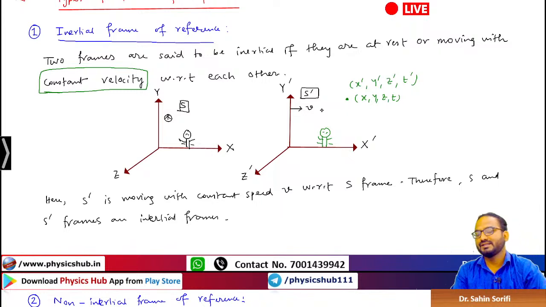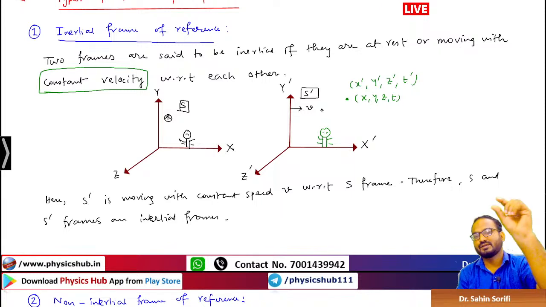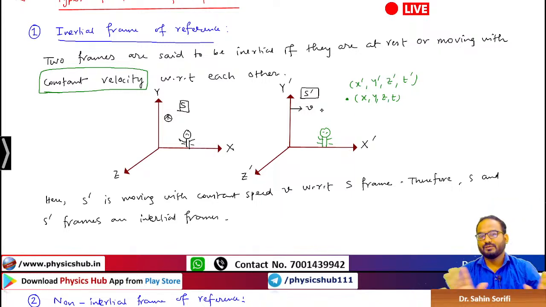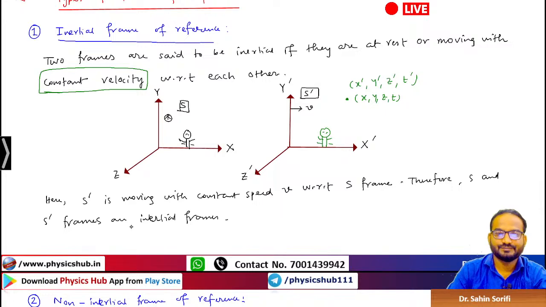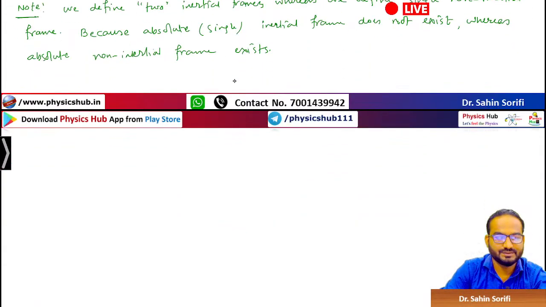So you imagine it in this way. We are not talking about the frame, we are talking about maybe some event. Let me give you one example. That's a genuine question Murli has asked, so let us talk about it.